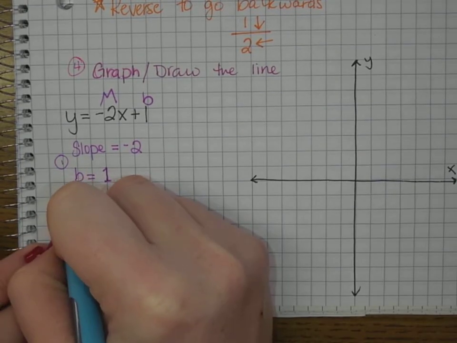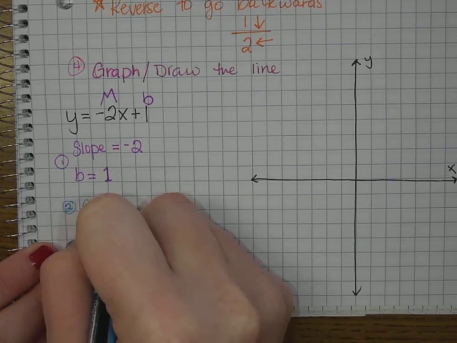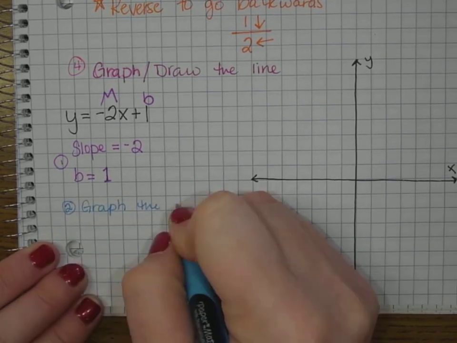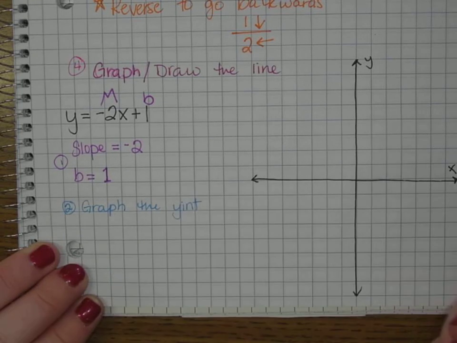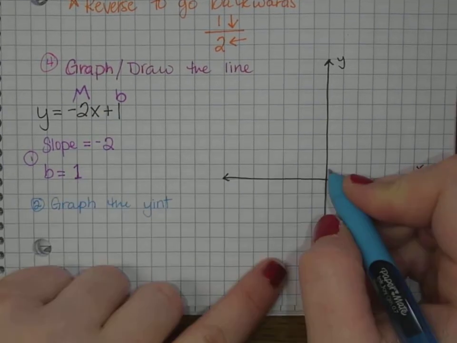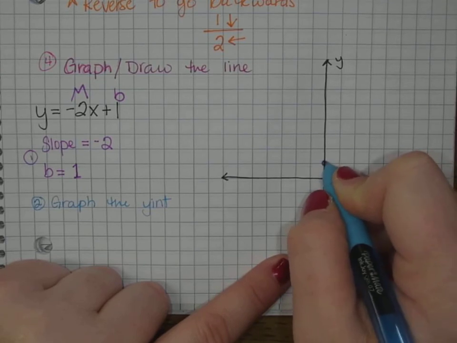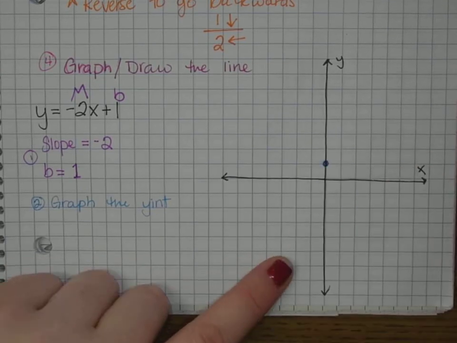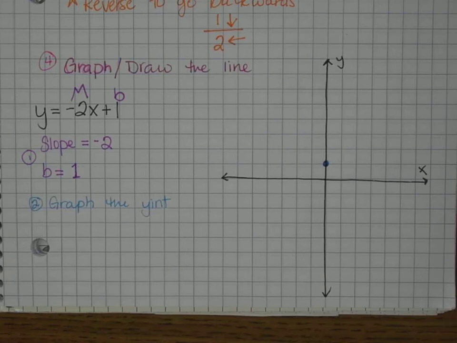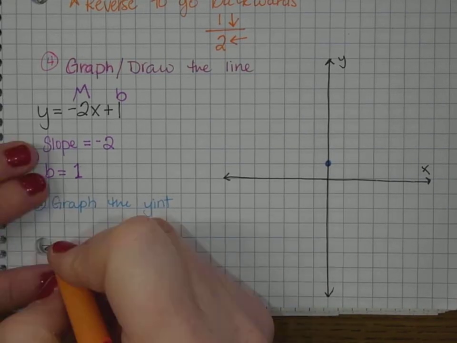Step 2 is graph the y-intercept. My y-intercept is positive 1. From the origin, I'm going to move along the y-axis up 1, and that is my first point. That's my y-intercept.